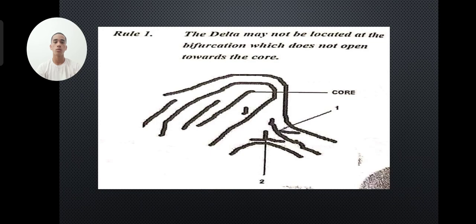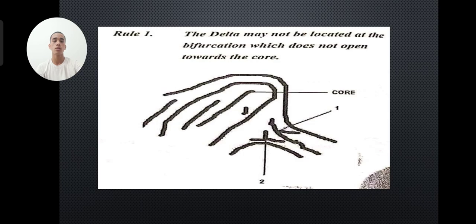So ang nakatubang sa core is si bifurcation number 1. So therefore, ang ato ang pilion is si bifurcation number 1 kay in rule number 1 stated that the delta may not be located at the bifurcation which does not open towards the core.